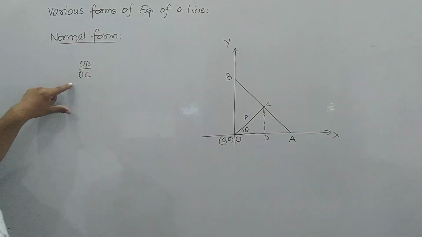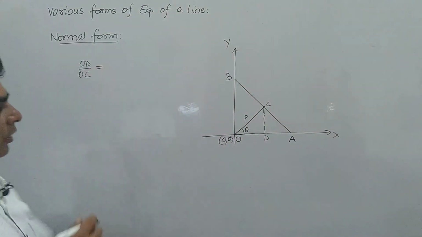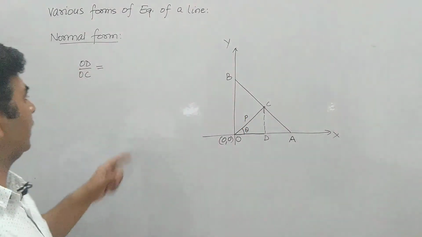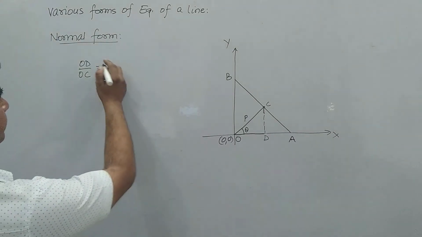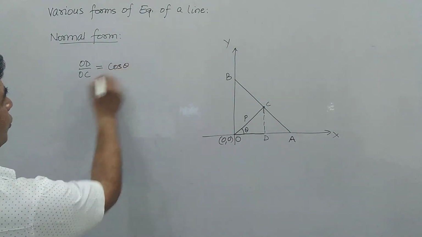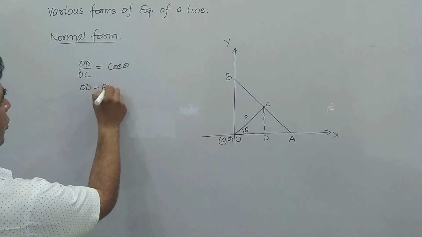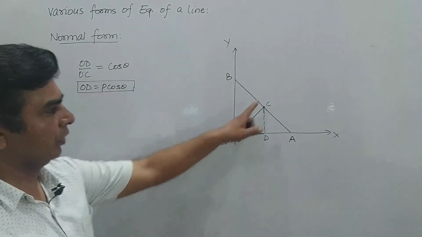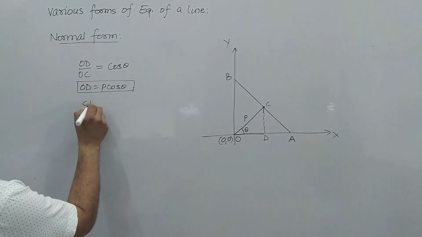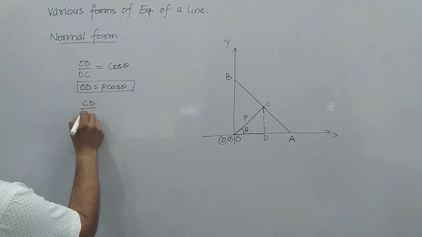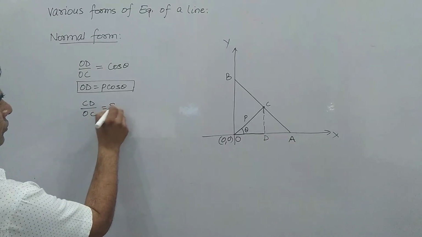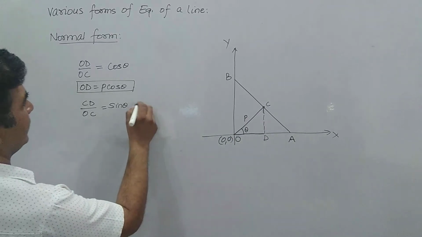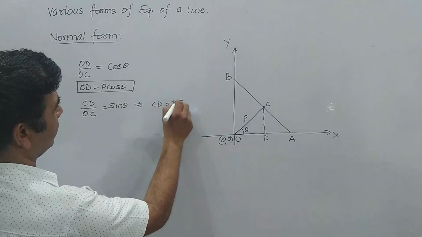OD upon OC will be equal to how much? This is your base and this is your hypotenuse. Base upon hypotenuse is given by cos theta. So OD will be p cos theta. Now similarly we can find the value of CD also. CD upon OC will be equal to sine theta, which is perpendicular upon hypotenuse, which implies CD will be p sine theta.